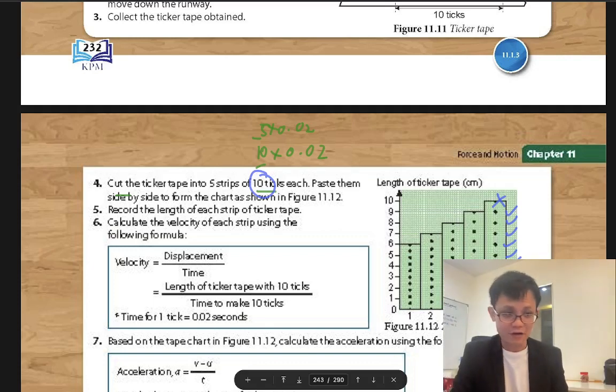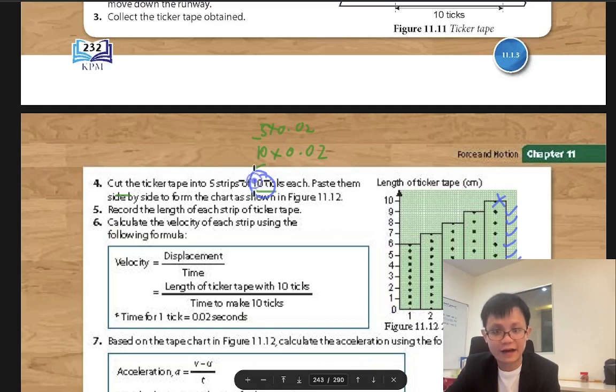But by default, in the exam paper it is usually only 5 ticks or 10 ticks. So it's easy, 5 and 10. A gentle reminder again, don't count 1 tick. Whether you count from the bottom up or from the top down, you just minus 1 tick. I hope you know this.